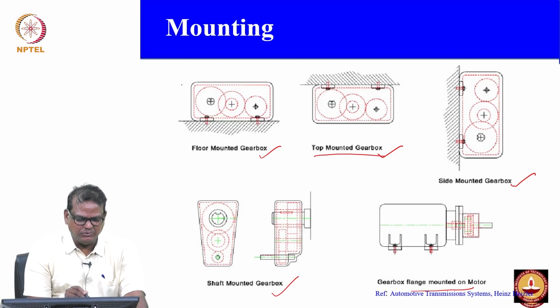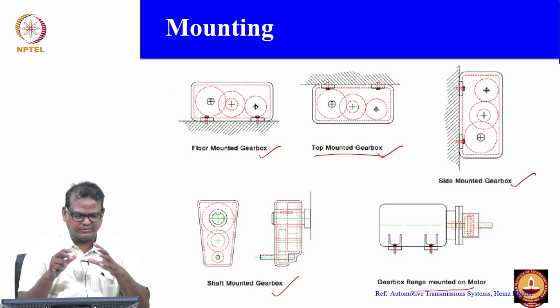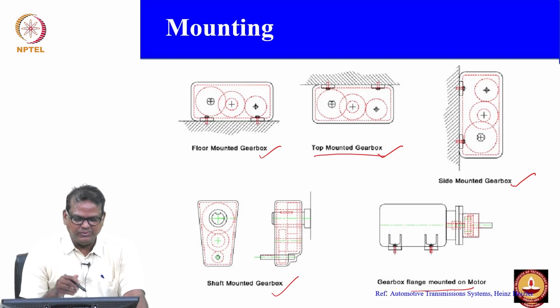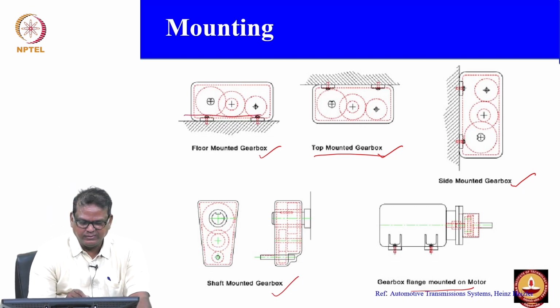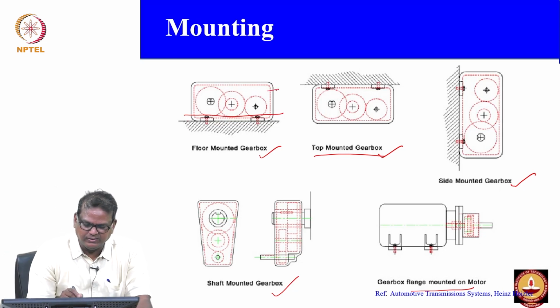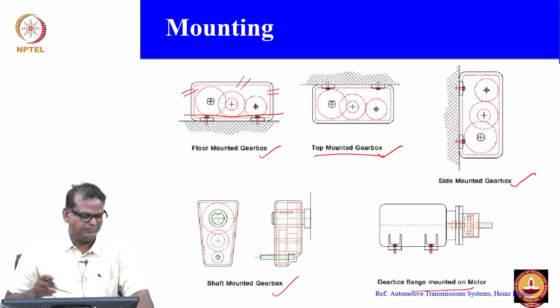So assuming you have taken the floor mounted gearbox, which side of the gearbox should be thicker, with the other parts thinner? Can you guess? The one making contact with the floor, right? The bottom should be thicker, because that is the one holding the entire thing, whereas at the top and sideways you can have a smaller casing thickness.